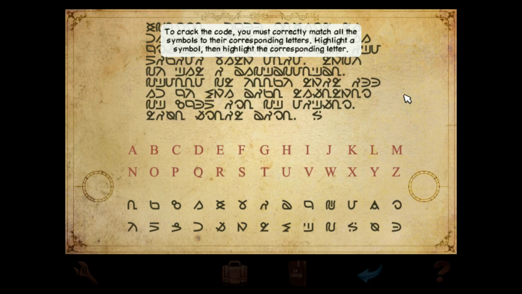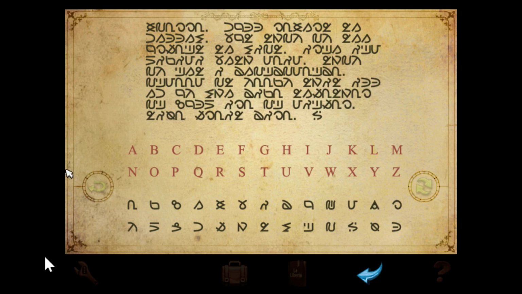If you make a mistake, click on the go back button, or you can reset the whole puzzle by clicking on the reset button.